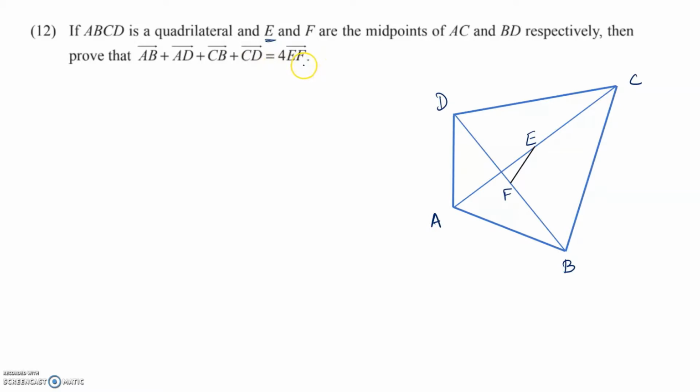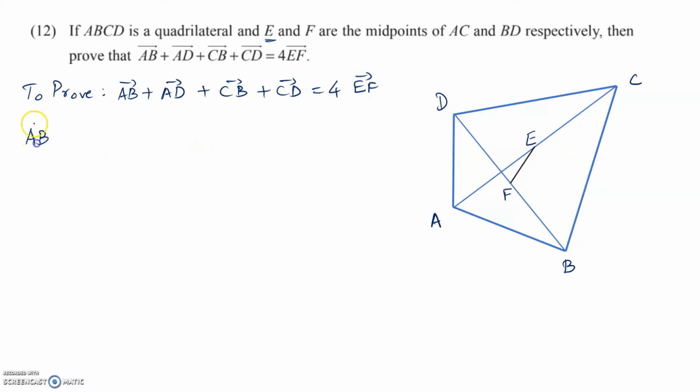Okay, so let's start defining. So we need to prove first AB vector plus AD vector plus CB vector plus CD vector is equal to 4 times EF vector. Okay, so let's start by defining our AB vector.